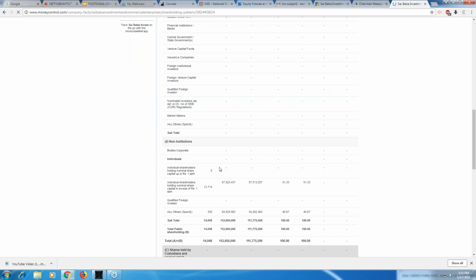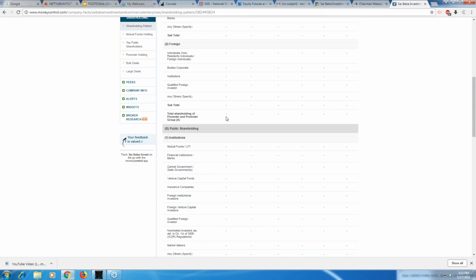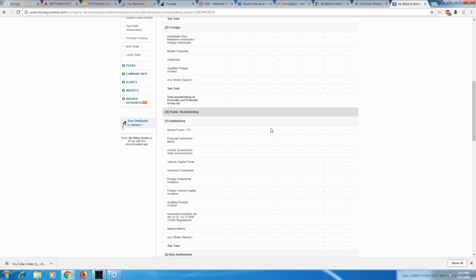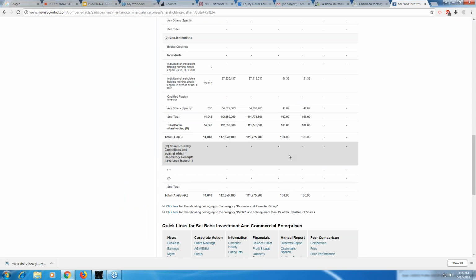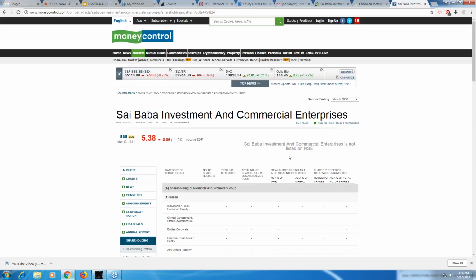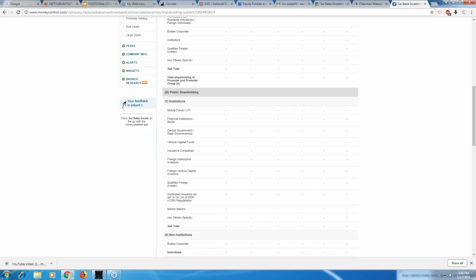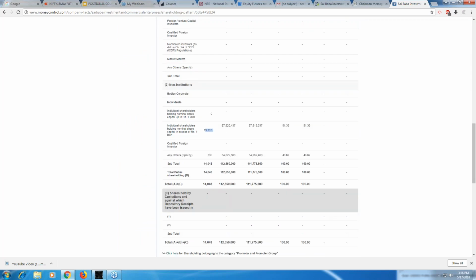There is nothing that I can see here, like there is no shareholding of promoter and anybody. It's a very funny balance sheet that I can see here, right? So the shareholding pattern is not very clear out here. There is nobody here. Individual shareholders holding nominal share capital exceeding 1 lakh rupees. There are so many shareholders, that's about it.